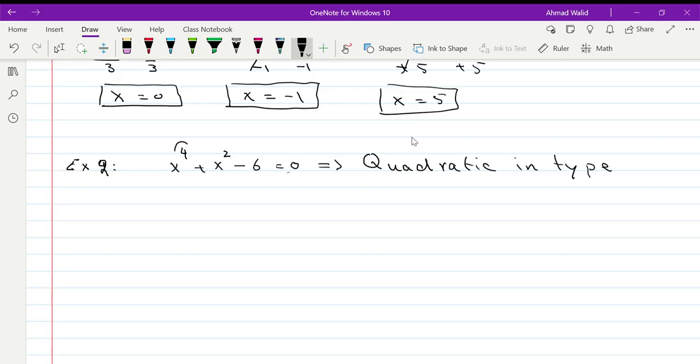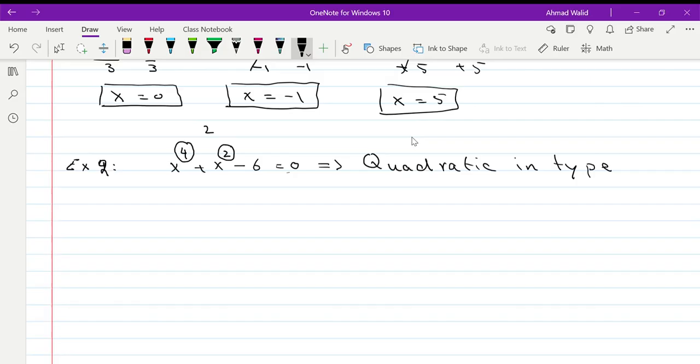If you focus on the first term and second term, the difference between 4 and 2 is 2, right? 2 is the difference. What we do, we use the substitution method to solve these types of equations. That's the easiest way.